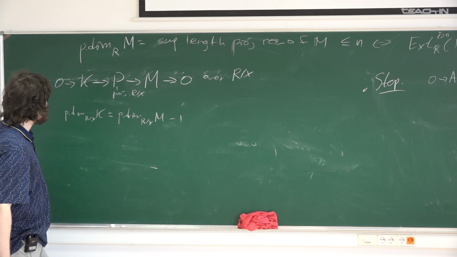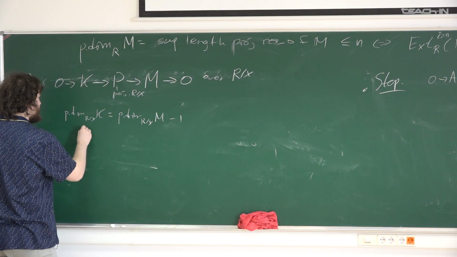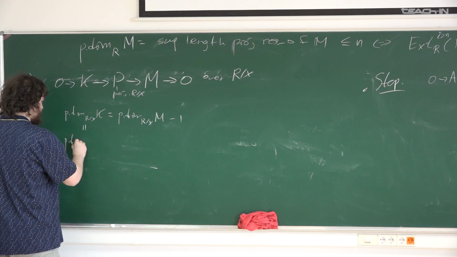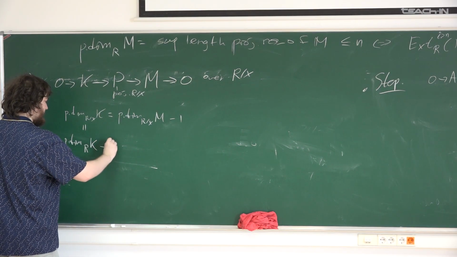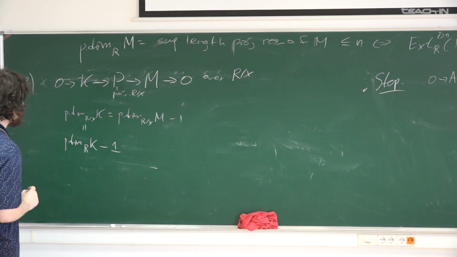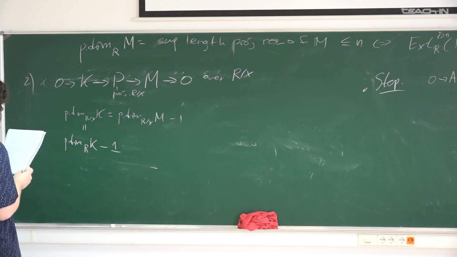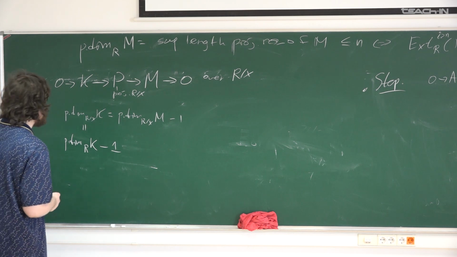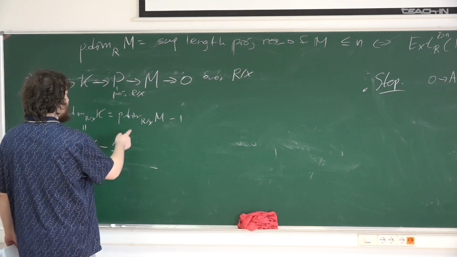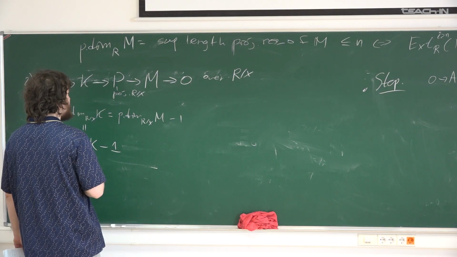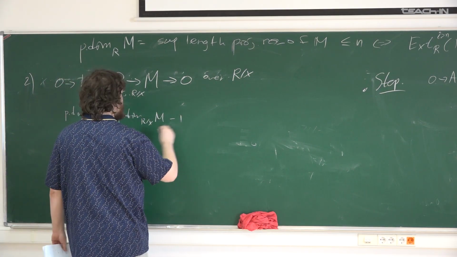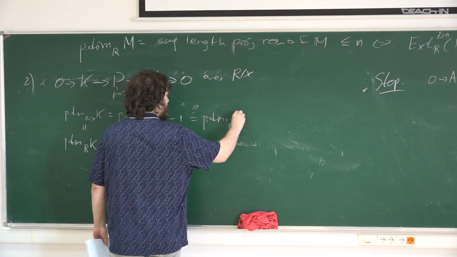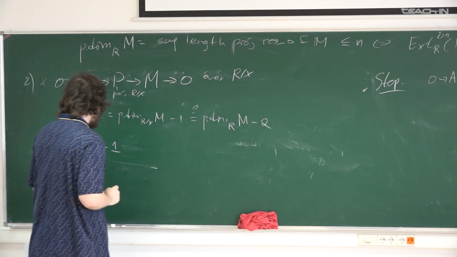So by the induction assumption, we can assume that this projective dimension is equal to the projective dimension over R minus 1. Okay. So what we need to check is that this thing is equal to the projective dimension over R of M minus 2.